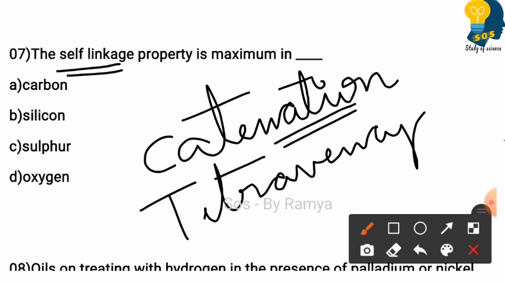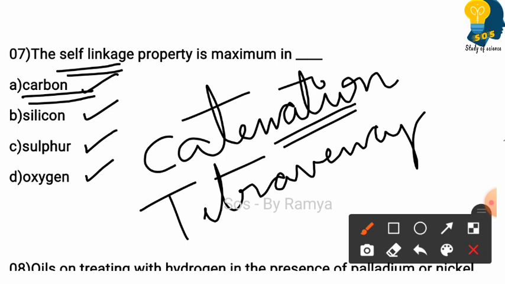Catenation means self-linking property. When we look at the options here, option A carbon, option B silicon, option C sulfur, and option D oxygen, which element has the maximum self-linkage property? The maximum self-linkage property is there for option A, carbon, because carbon has a special quality of forming long straight chains, branched chains, and also cyclic chains.